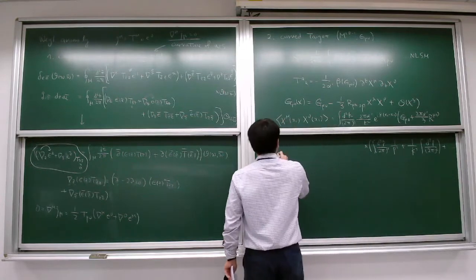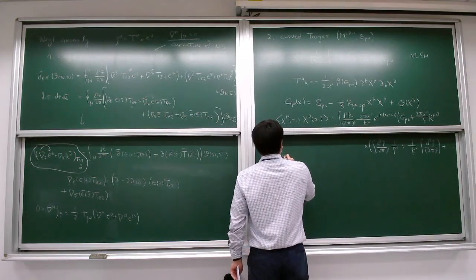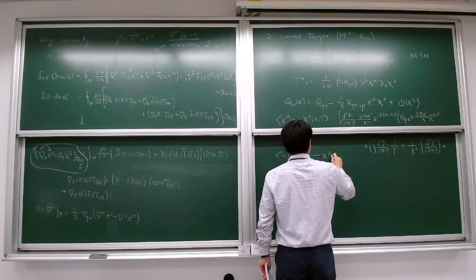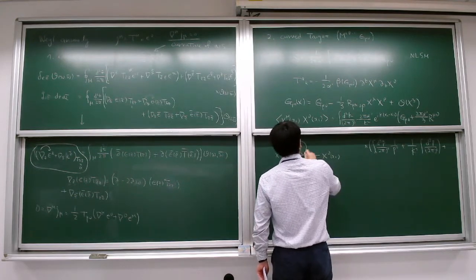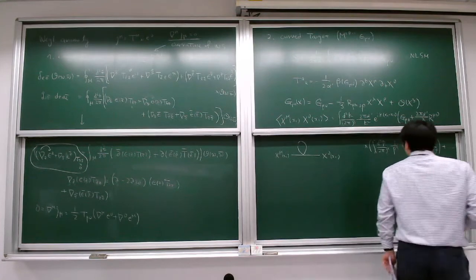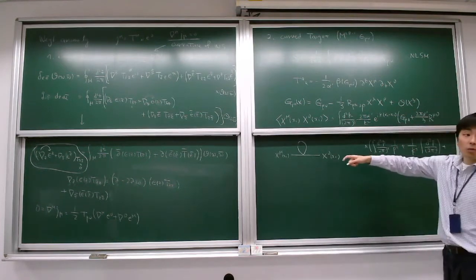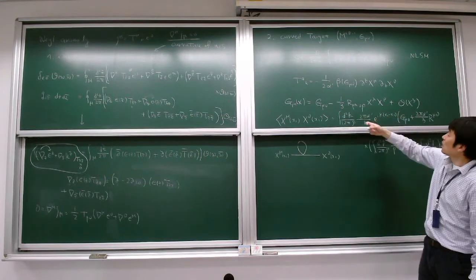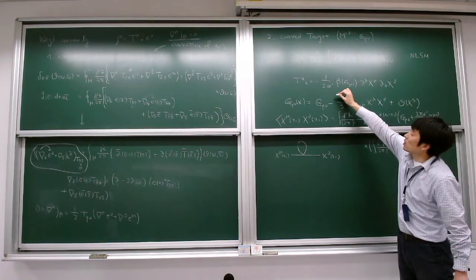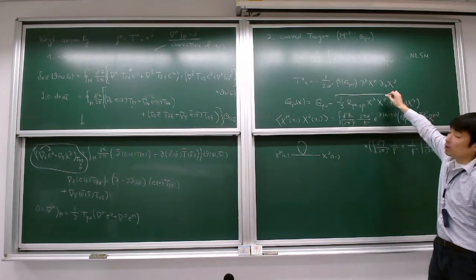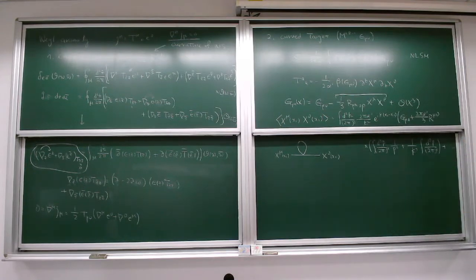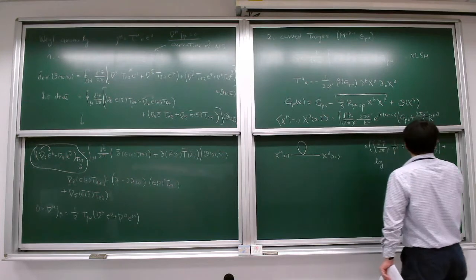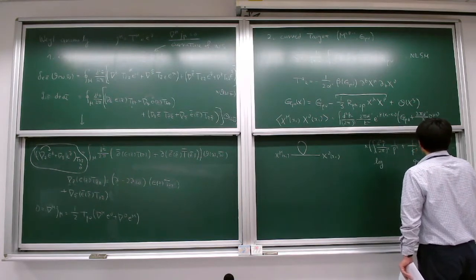If you consider X^mu at x1, x2, we need to consider the one loop term in the presence of this perturbation, this leading order correction. This is log divergence, and this quadratic divergence.